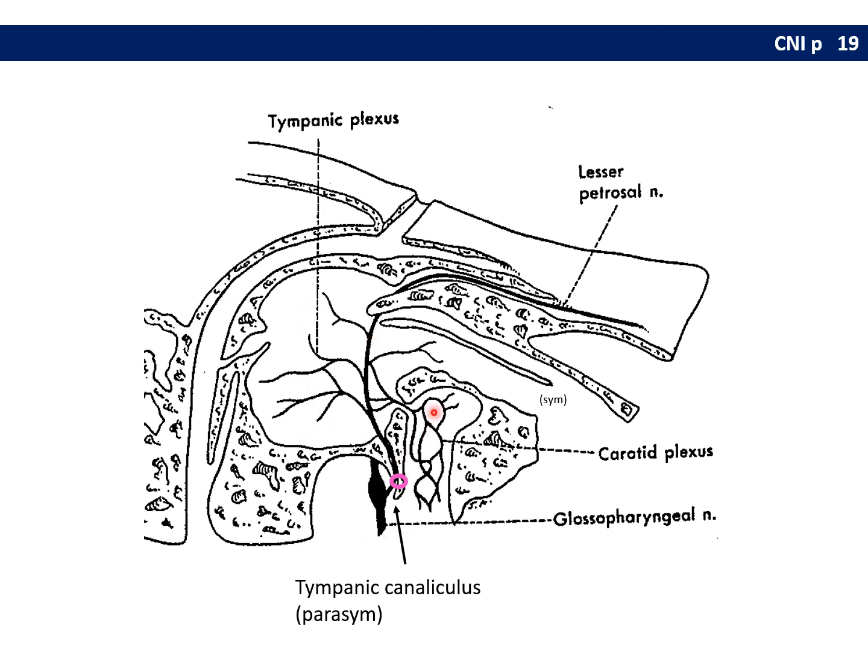What I like about this picture is that you can also see the sympathetics from the carotid plexus that then join the tympanic plexus, and then both can participate in the plexus in the middle ear, but also get to, via the lesser petrosal nerve, the posterior pharynx, for instance.